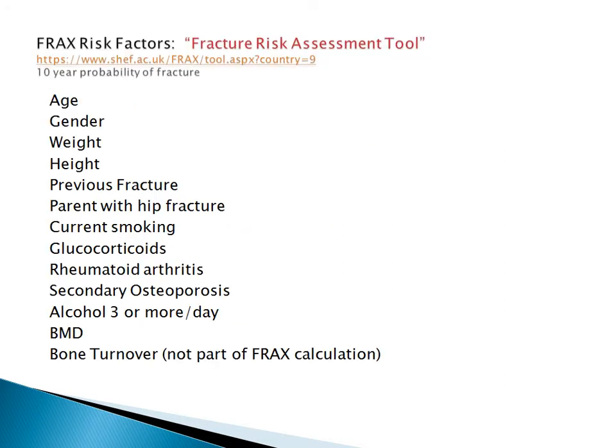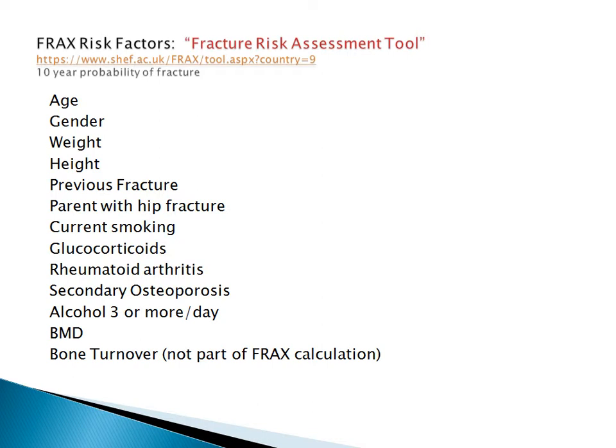Now, looking at the FRAX risk factors, this is another way of looking at risk. The fracture risk assessment tool, which you can access online. It's a pretty neat little feature: you go on this website and you enter a few numbers and pop out comes the 10-year probability of fracture.